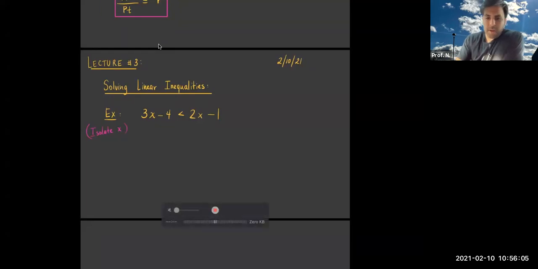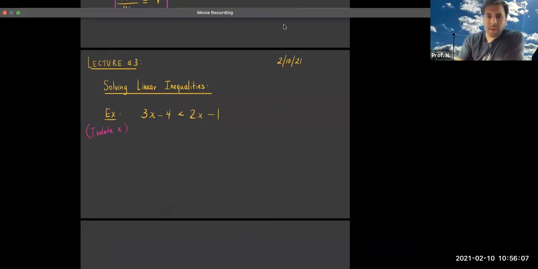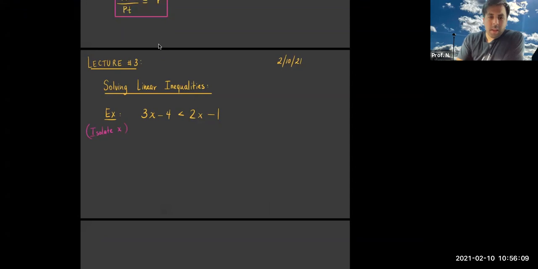Okay. All right. So solving a problem like this, I want to get all the x's on one side and move everything that's not an x to the other side. In this example, it's not an equation, it's an inequality. So I got two x's on one side of the inequality and one on the right side.